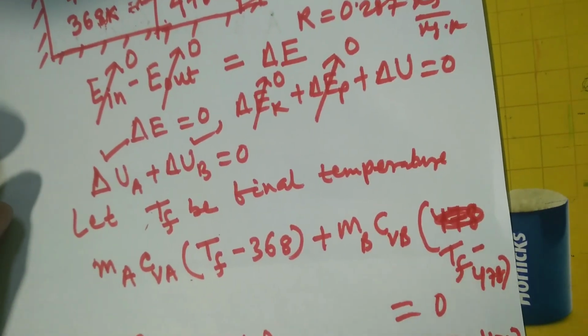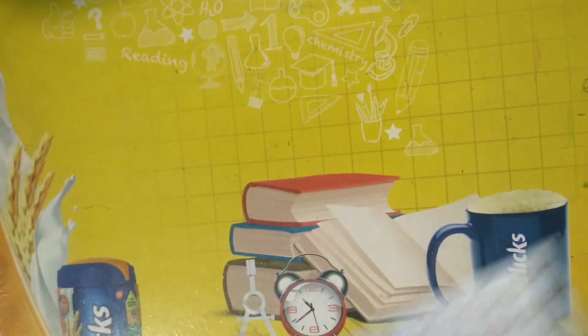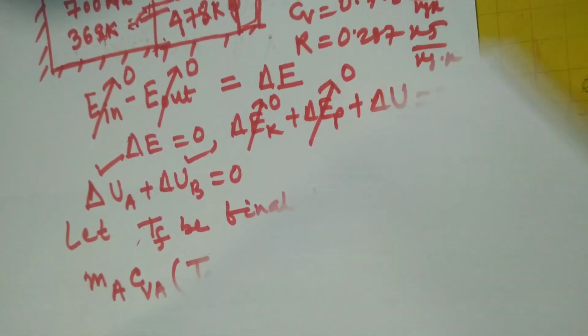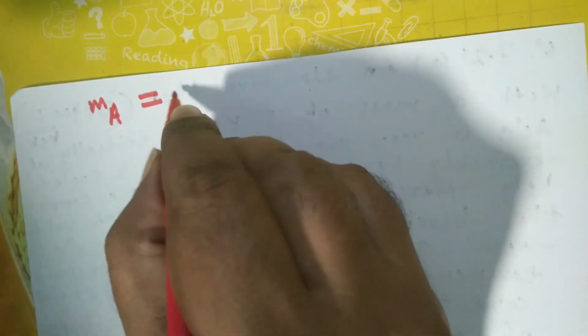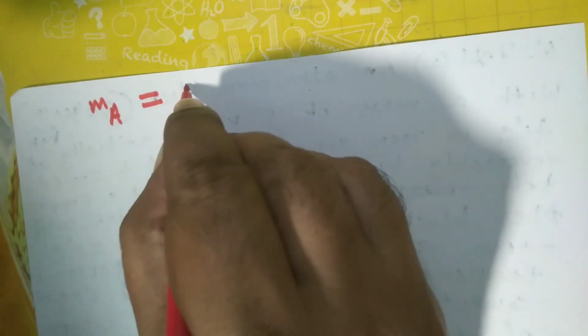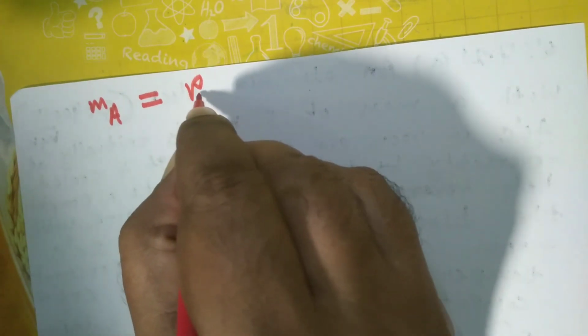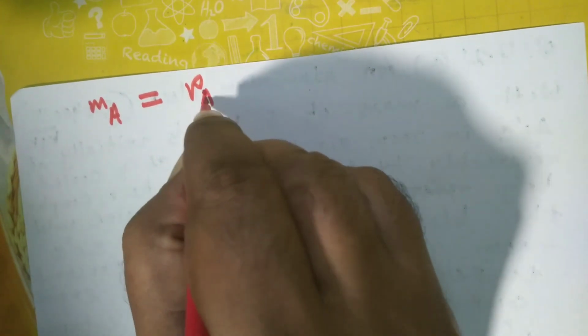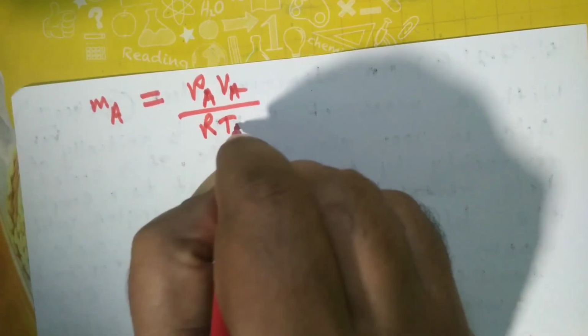So now the equation is like this. But you have to find the mass of air contained in vessel A and the mass of air contained in vessel B, so that we can find the equilibrium temperature. The mass of vessel A, from the ideal gas equation, is Pa Va divided by R TA.